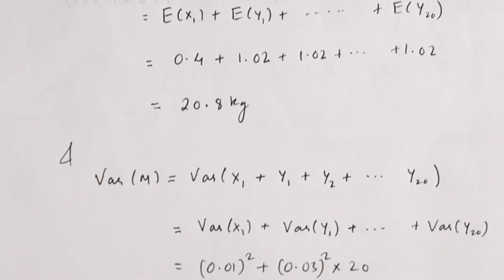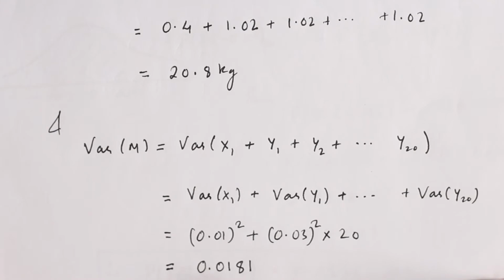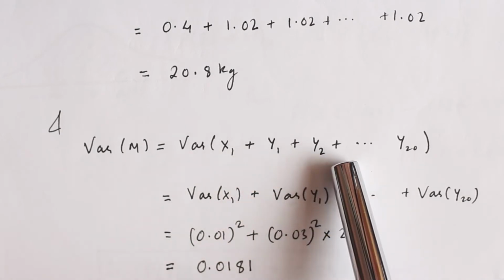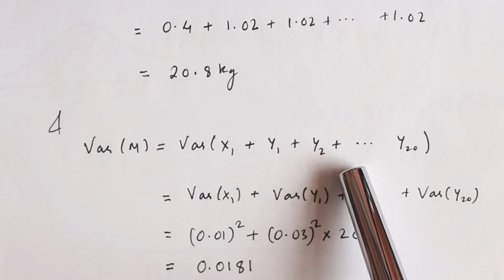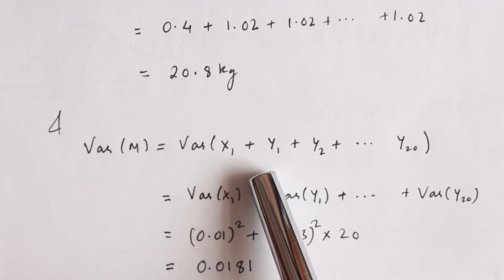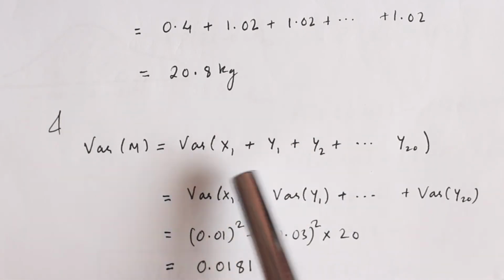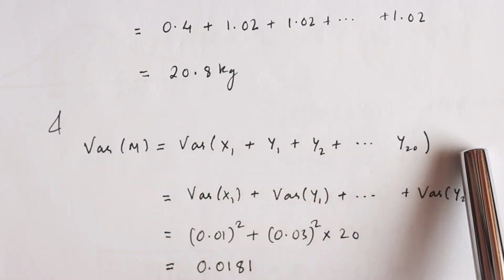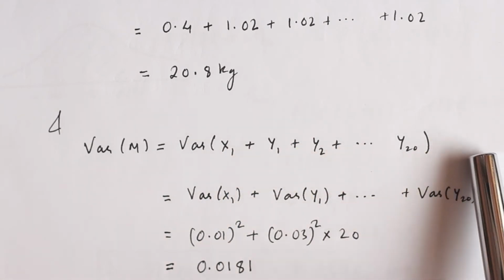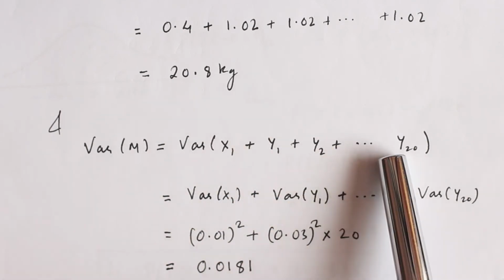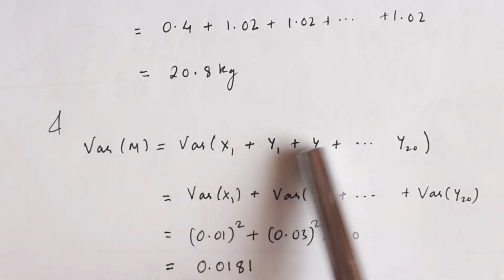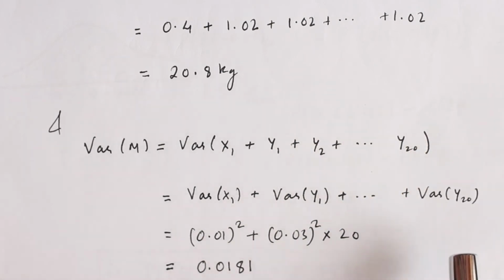Now for the variance, it might get a little bit tricky if you don't pay attention carefully. Because these bags are independent, you choose them one by one, so you cannot write 20Y. You have to add up individually, because finding a variance by writing X1 plus 20Y1 and adding up all of these gives you totally different answers.